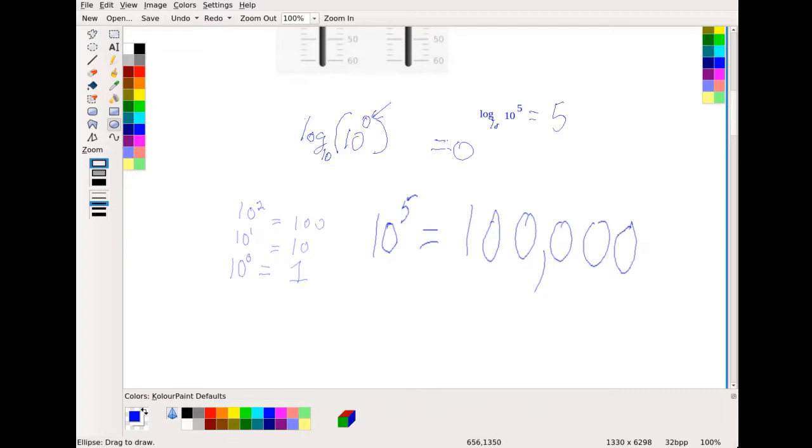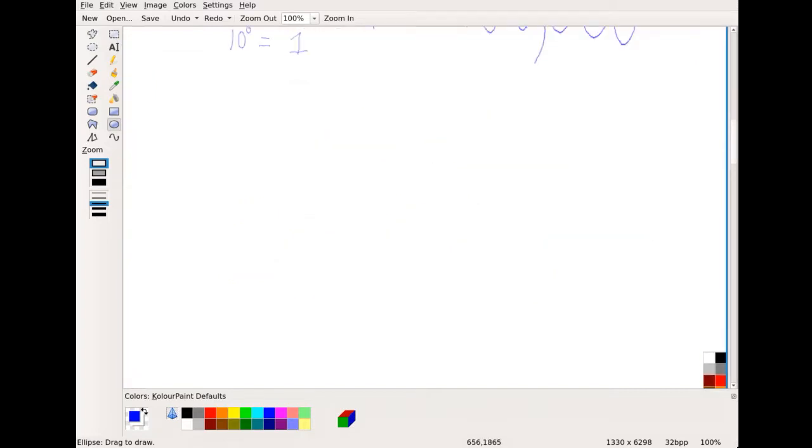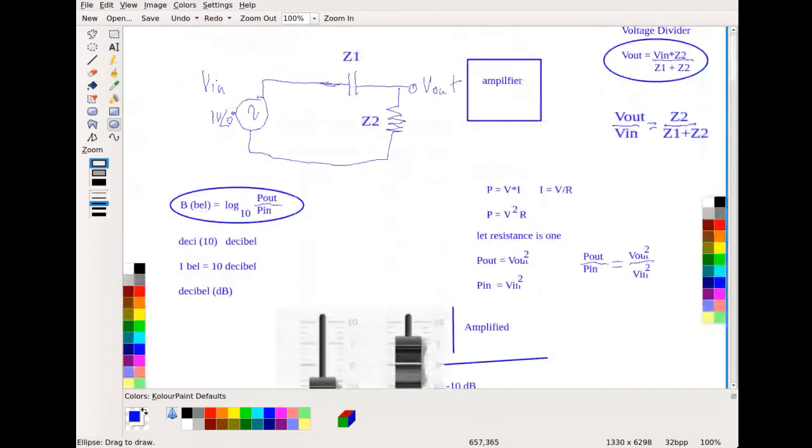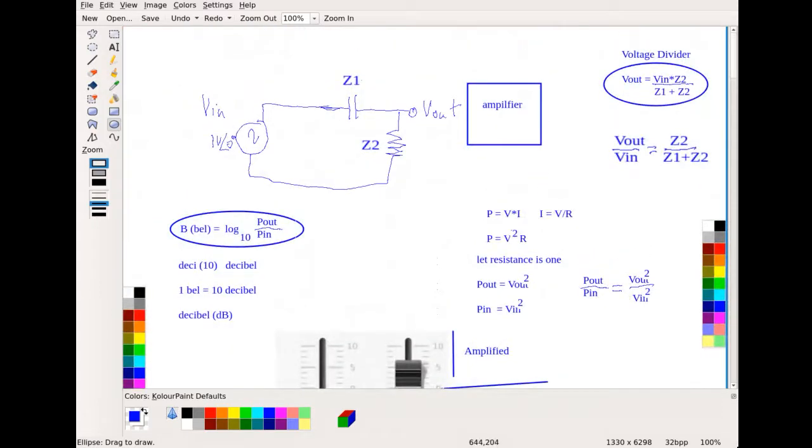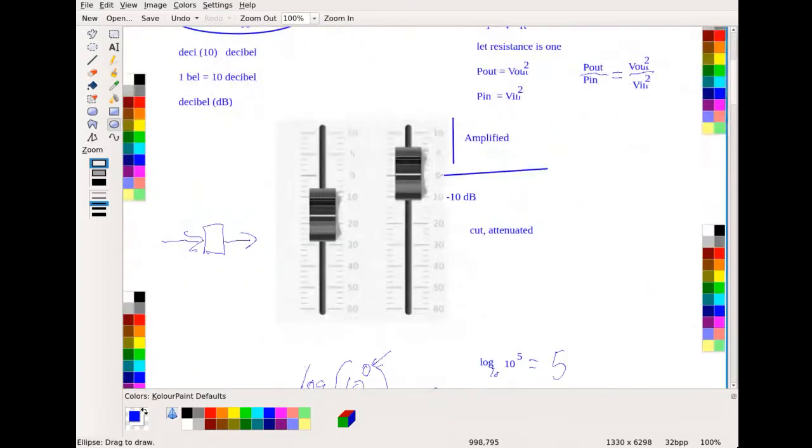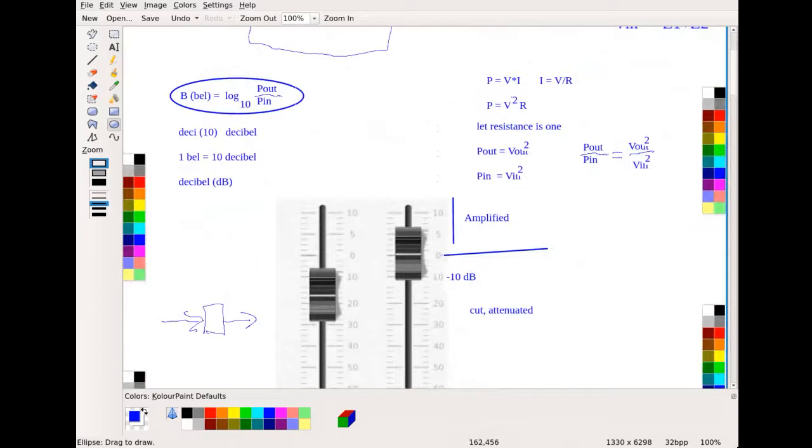All right. So let's come back up here to our circuit. What we want to look at, I forgot to mention, is that the official power is power out over power in.